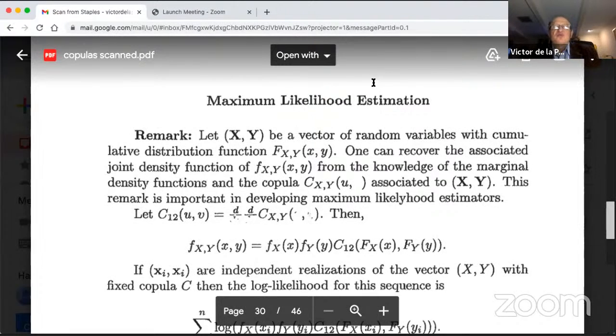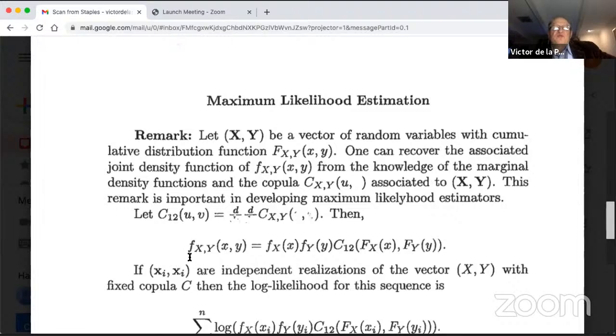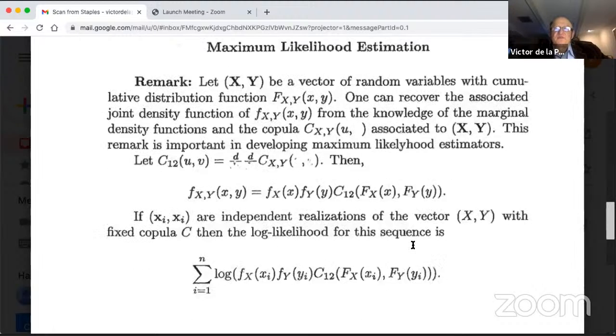How do you do maximum likelihood with copulas? Well, the joint distribution can always be written as the product of the marginals times the copula density evaluated at F_X(x), F_Y(y).